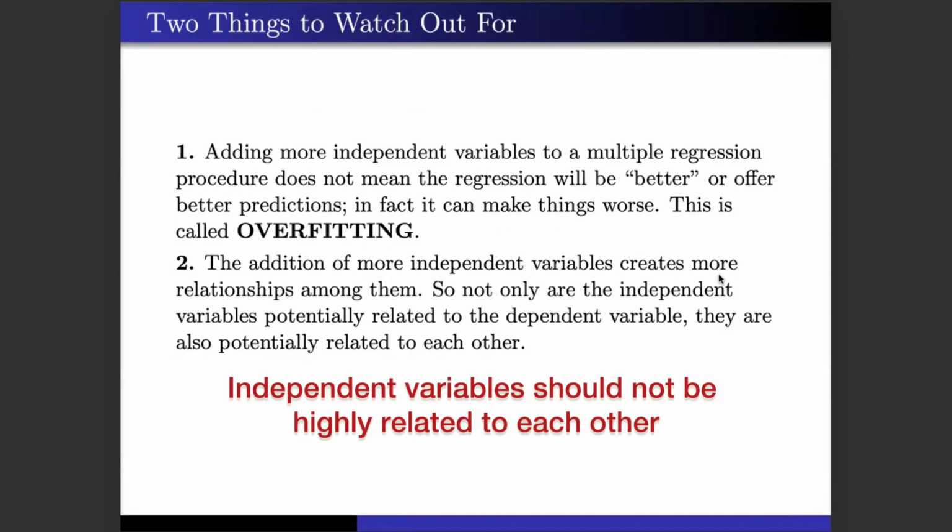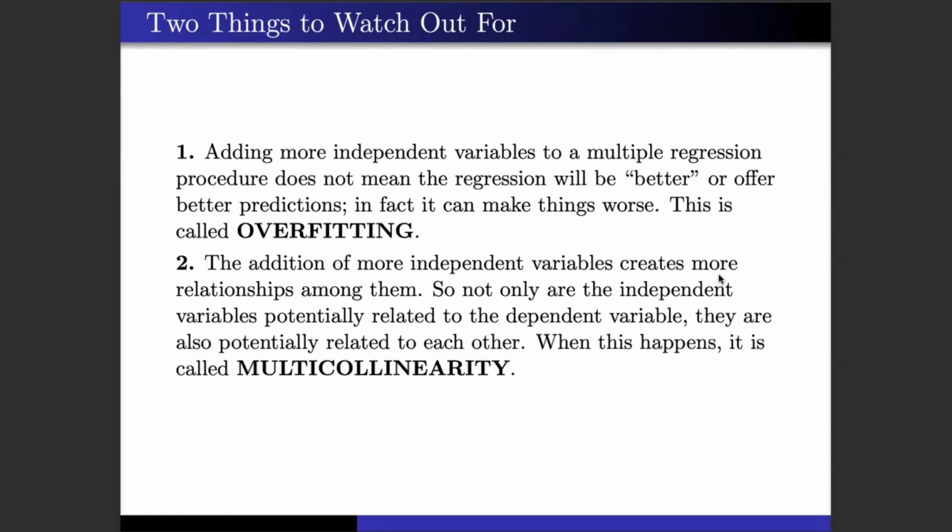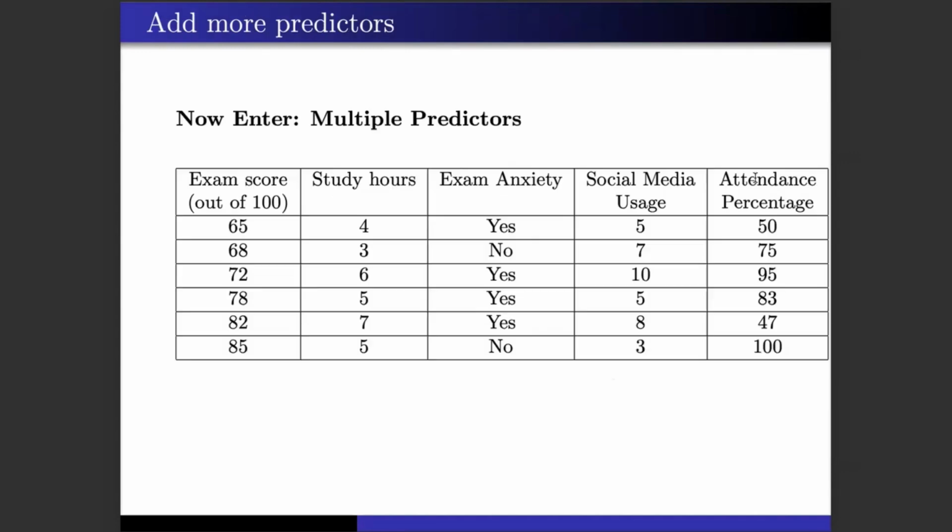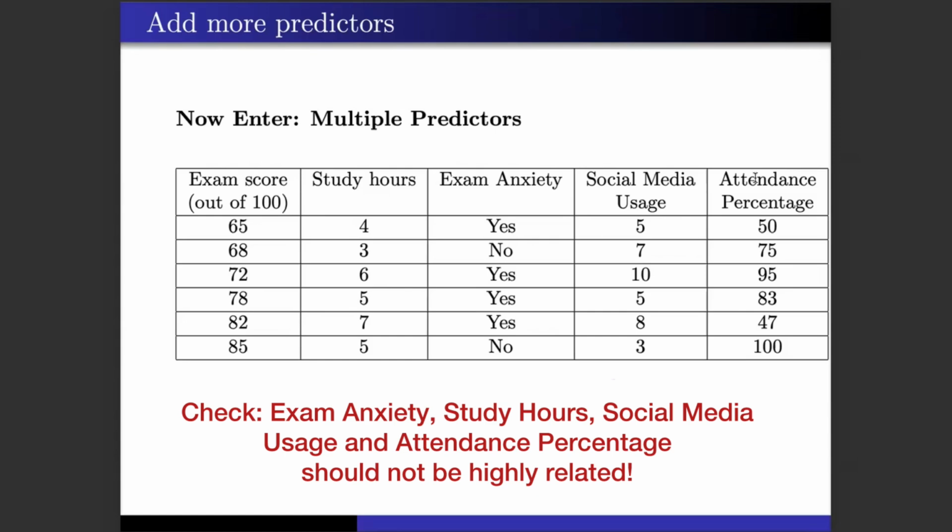And the second thing is that the independent variables should not be highly related to each other. If your predictors are strongly correlated with one another, the model runs into a problem called multicollinearity, which can distort coefficient estimates and make interpretation unstable. For instance, in the same exam score data set, we should be careful about multicollinearity.